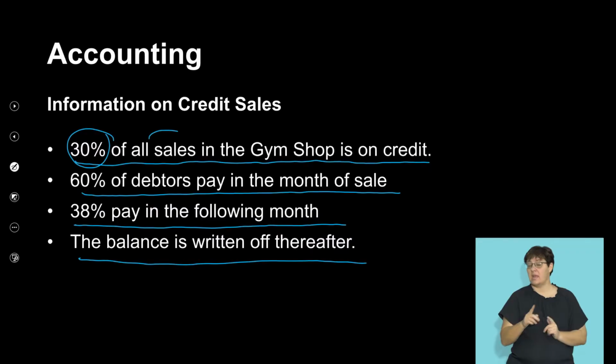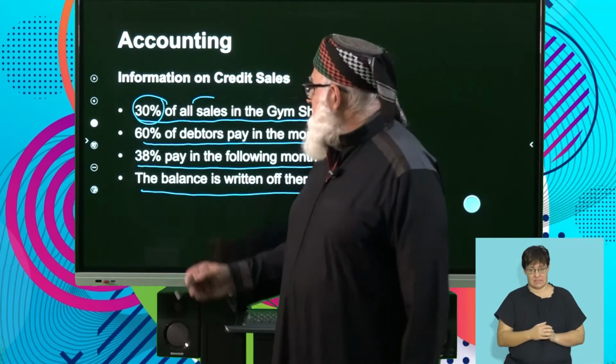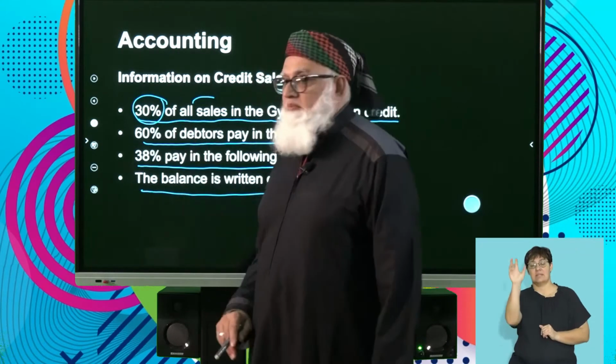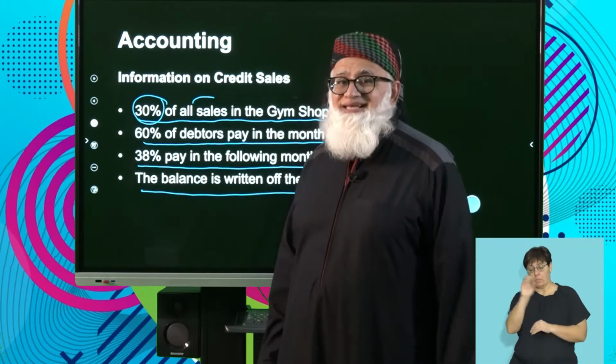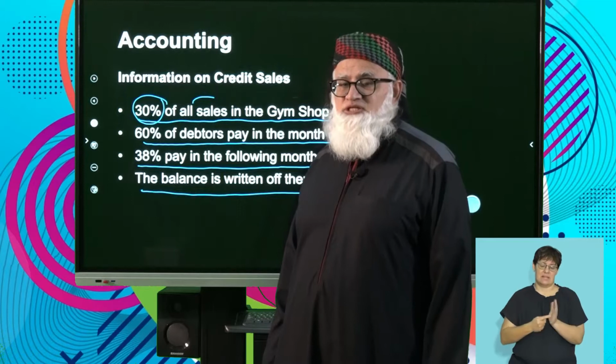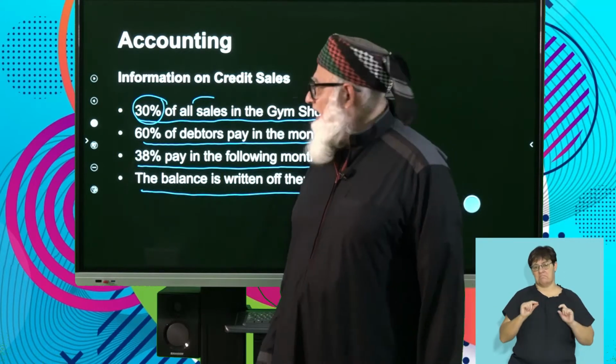They're paying us 60% in the month of sale and 38% in the month following the month of sale. So clearly this tells you that you're receiving 98% of the amount that's due, and the 2% is your bad debt, which is written off as irrecoverable thereafter. Okay.